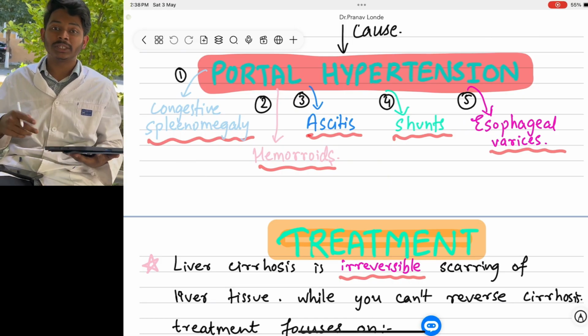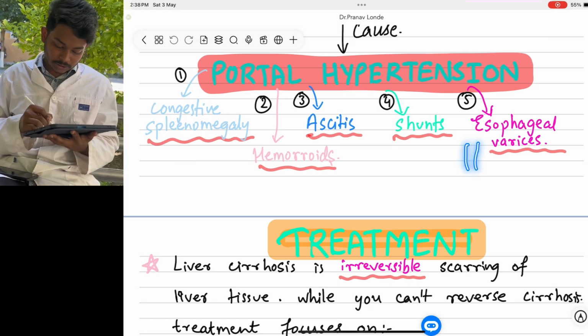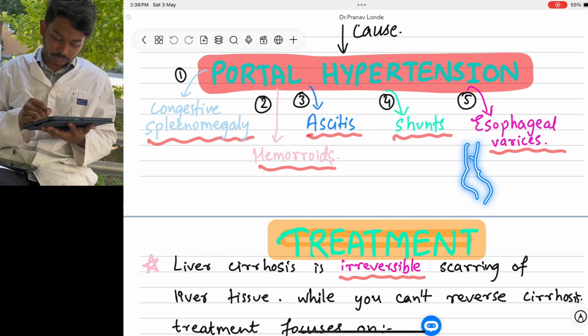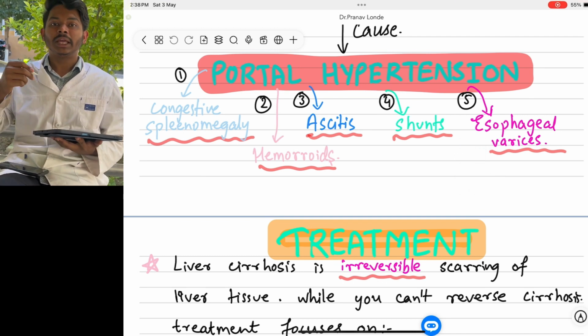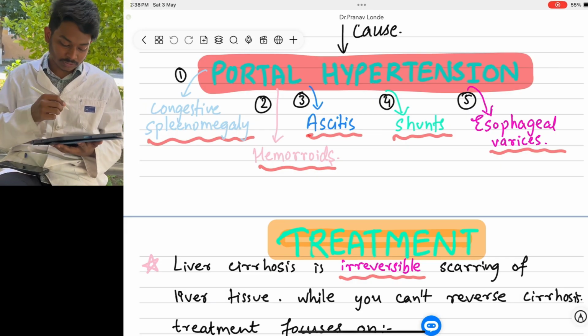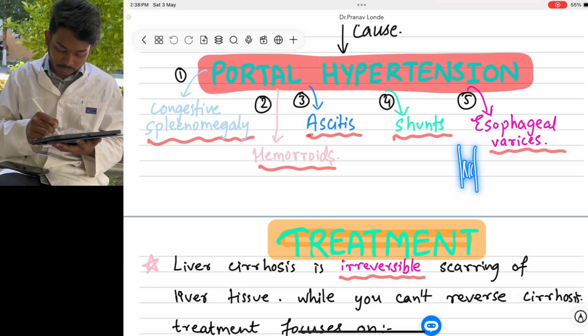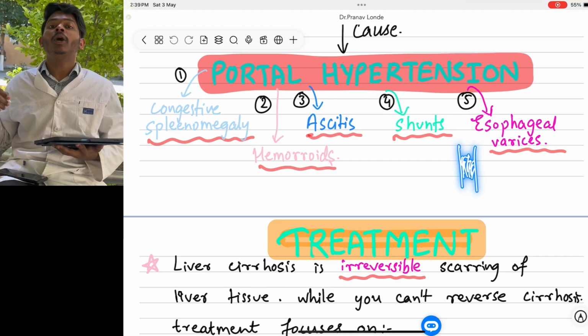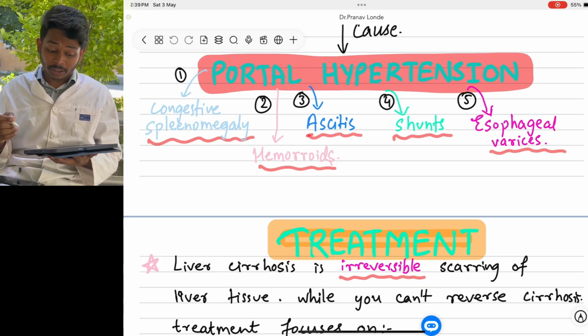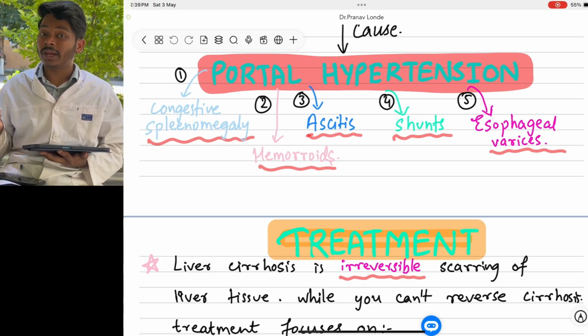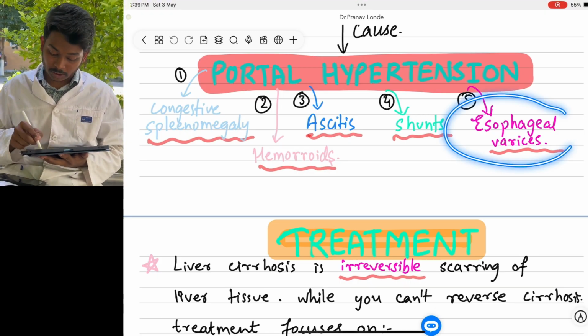What happens is, this is our esophagus and this is our stomach. In the lower third part of the esophagus, there will be dilation of the veins which are present in the esophagus. So there will be dilation of the veins and it will cause obstruction in the esophagus, but this is due to complications. What will happen if these esophageal varices are not treated?